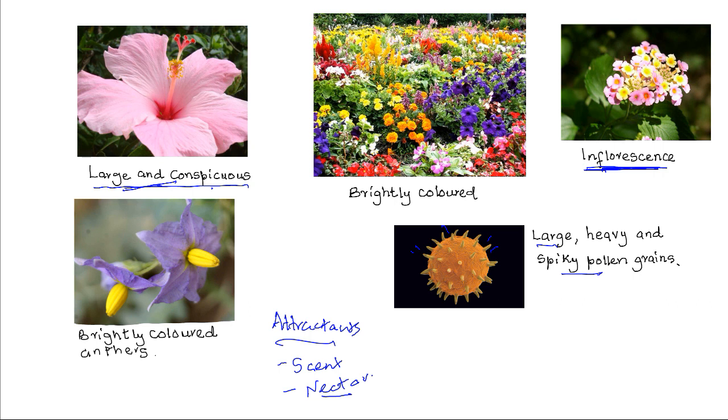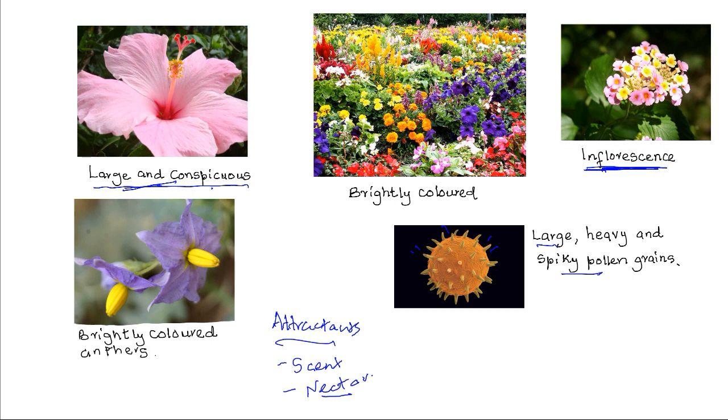Another feature of insect pollinated flowers is that the anthers and the stigma are situated inside the flower. Usually they'll be situated inside the flower where they brush against insects in search of nectar.